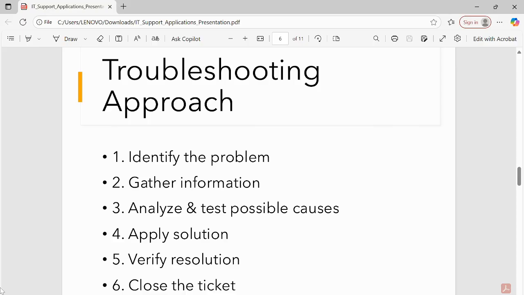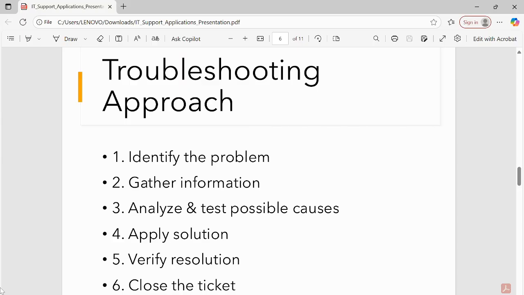Third is to analyze and test possible causes. If the issue is a login issue, a system issue, or a sign-out issue, you can identify what the possible causes will be. Then apply the solution. For example, if users are not able to log in, maybe the user account is not created in the system.